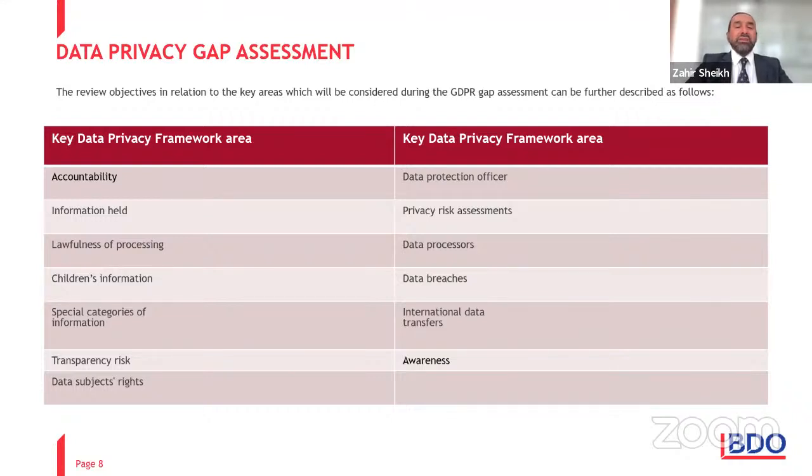Now, some of the special categories of information include data on race, ethnicity, any data which reveals your political opinions, any data which reveals your religious or philosophical beliefs. If you've got membership of trade unions, that's also special category.